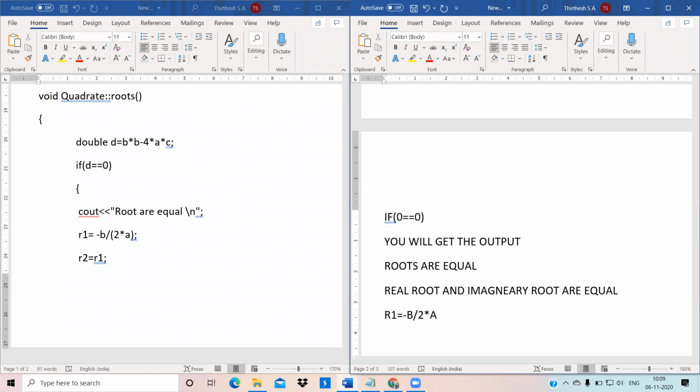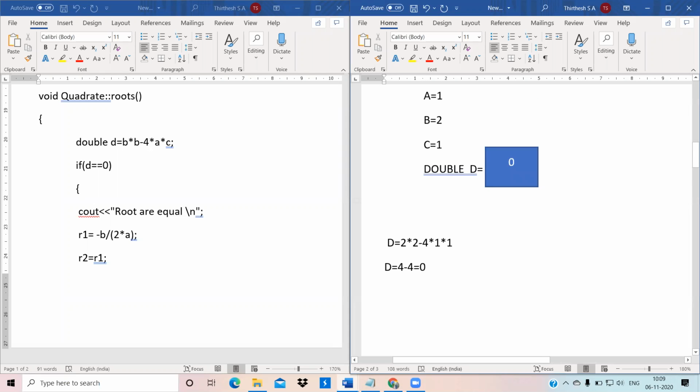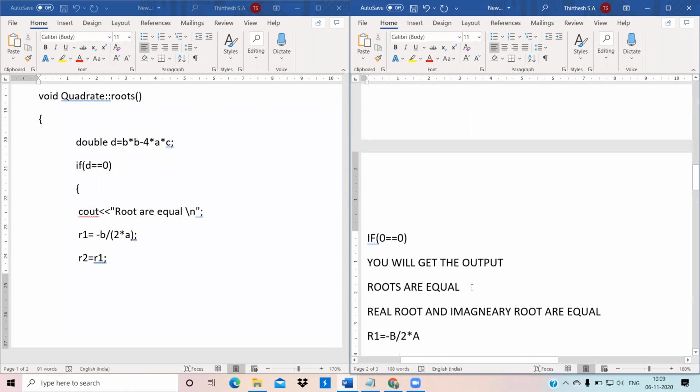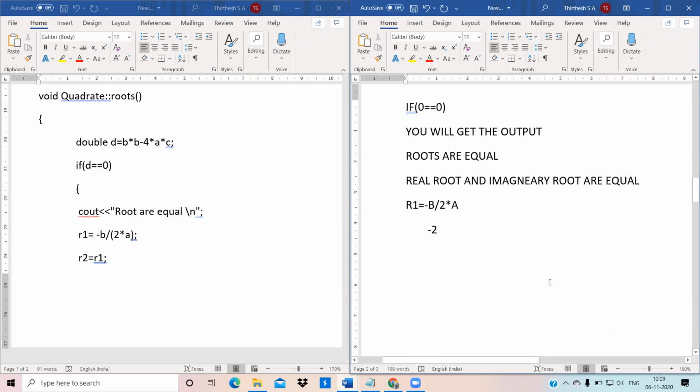Minus b means minus 2, since for b we have taken 2, divided by 2 into 1, which is minus 2 divided by 2, which is minus 1.